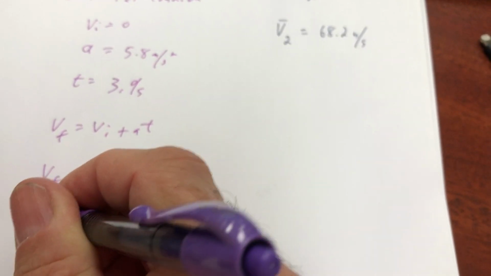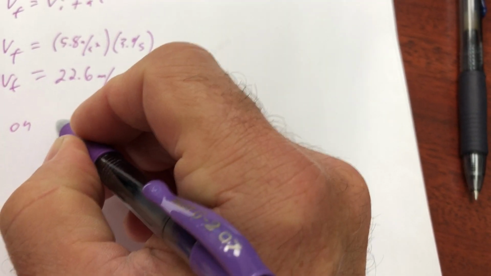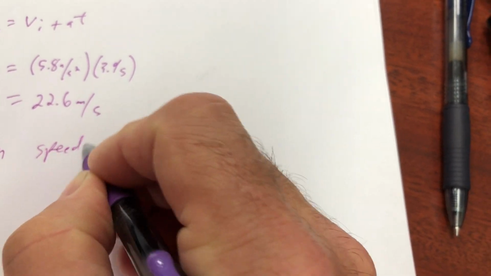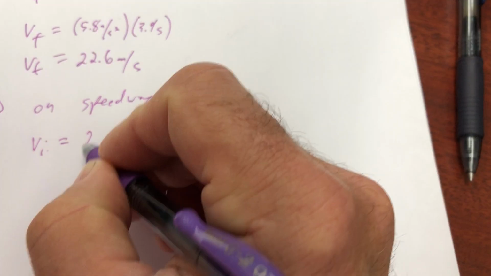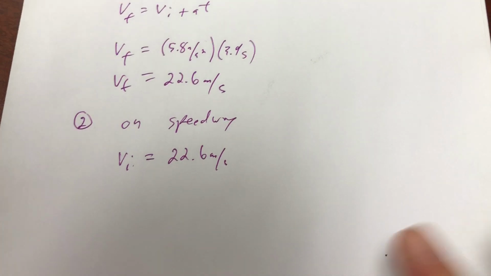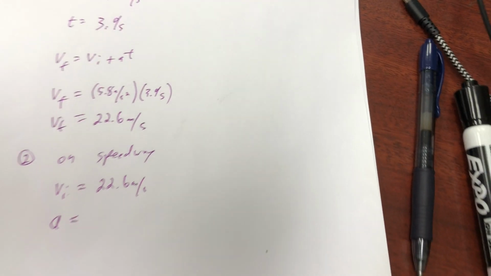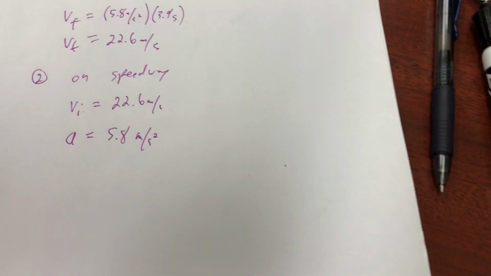So during the second phase, where he's on the roadway, what do they call it? The roadway or the racetrack? Speedway. On the speedway, that's his VI, 22.6 meters per second, right? And on the speedway, we know his acceleration stays the same. So his acceleration is going to be 5.8 again, meters per second squared.